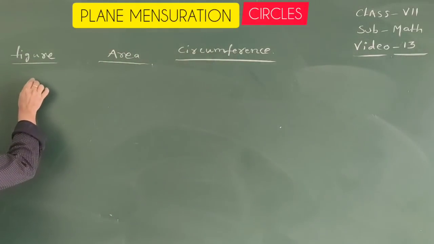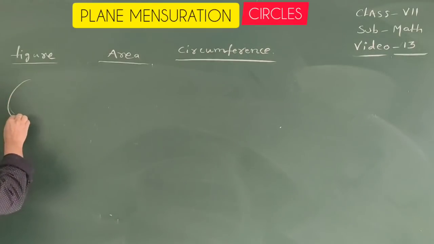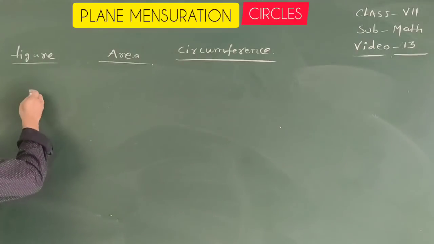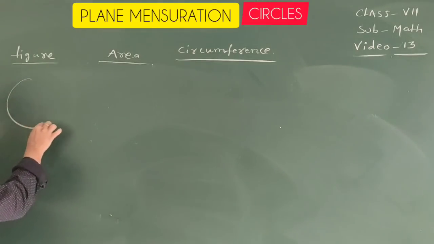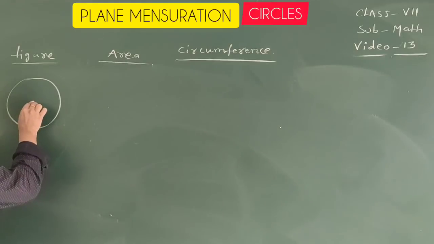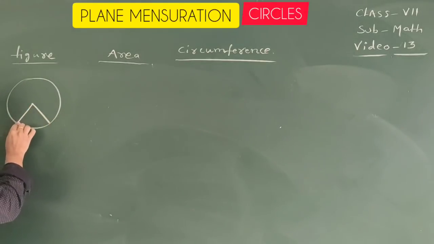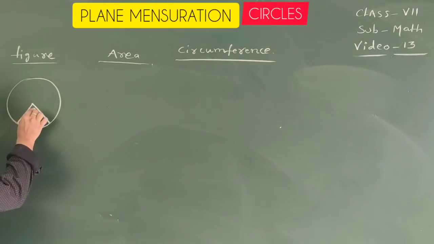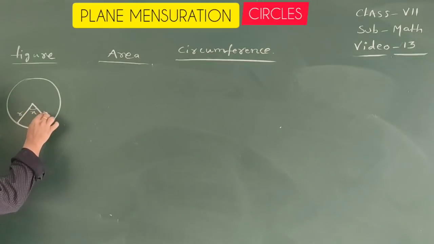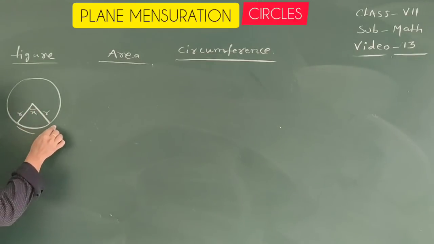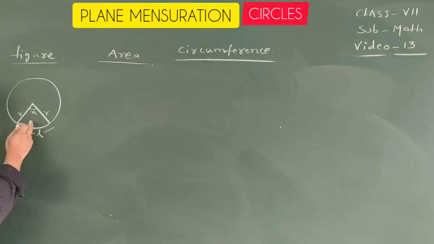A sector is an arc making an angle at the center of the circle with a length of 2 radii. Already we discussed this at the time of circles.